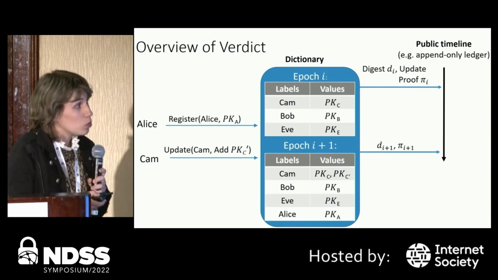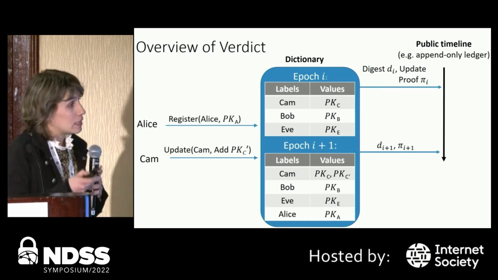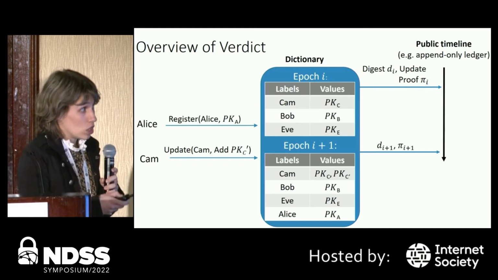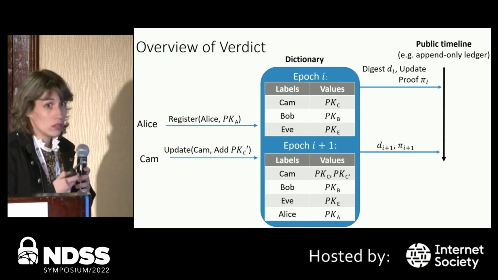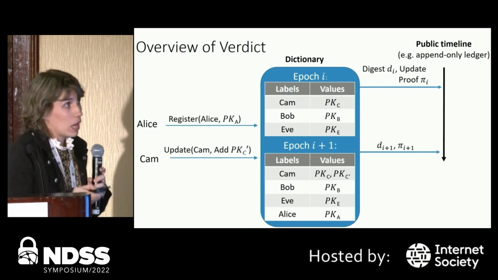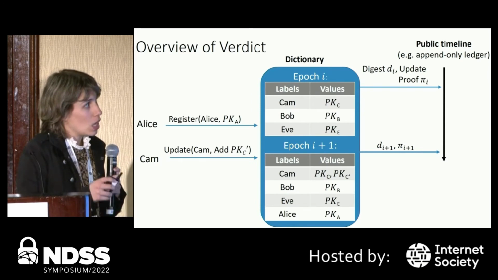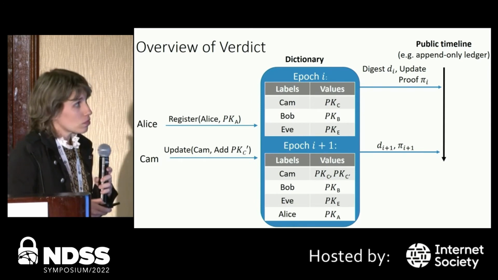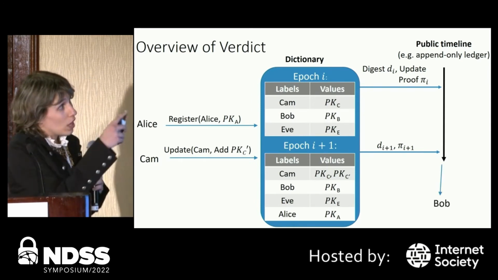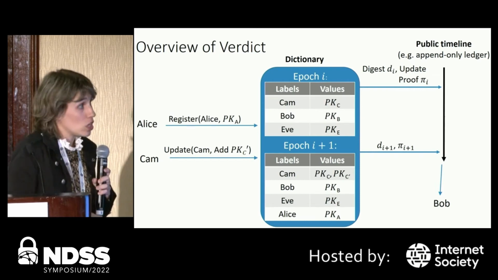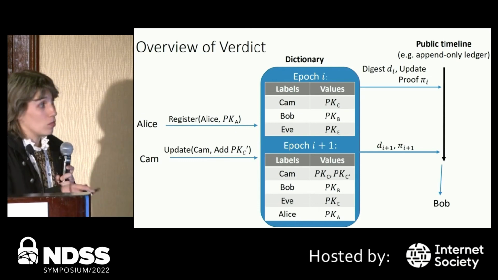This update proof is a SNARK proof that attests that the new state, the state that corresponds to the new digest, came from the previous state by only applying legal updates. No labels were erased, and all of the operations that were done to already existing labels were legal. Users are supposed to look at the public timeline, download all of the proofs and all of the digests, and verify these proofs.